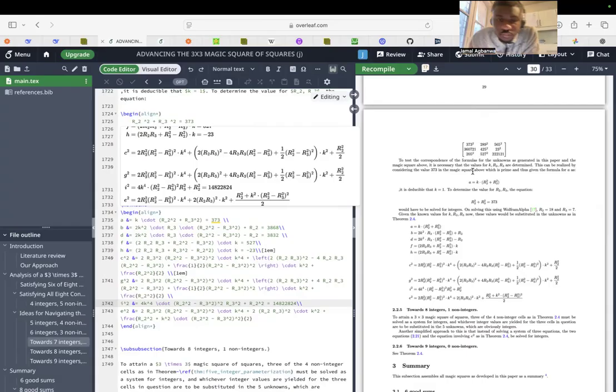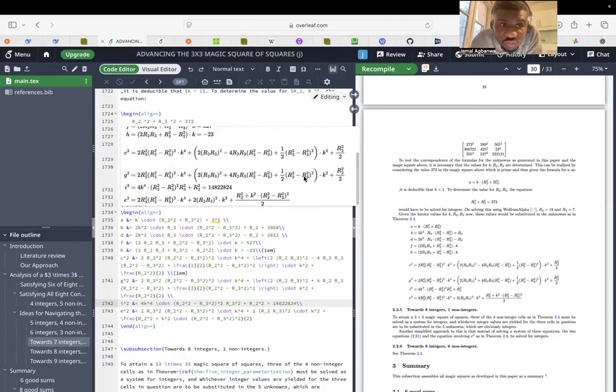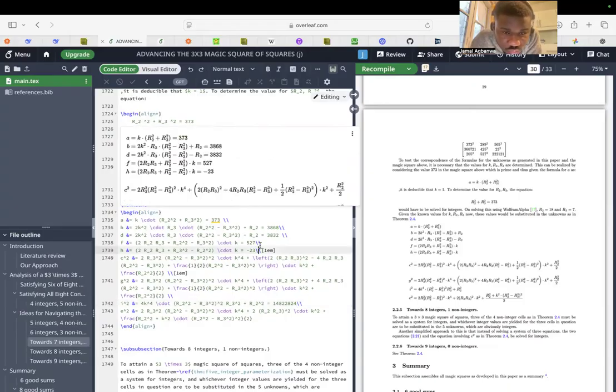As I'm substituting these values, I realize that, oh, we don't get along. You know what? I'll still go on anyways. Even though here we might be getting five integers out of nine, I want to see how correct it is. I want to see if the resulting magic square itself is correct, no problem.